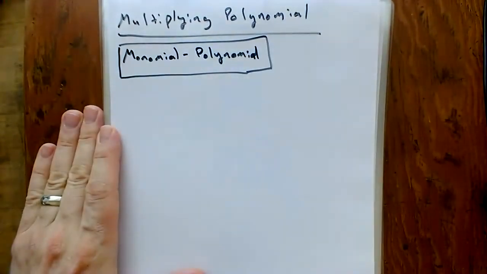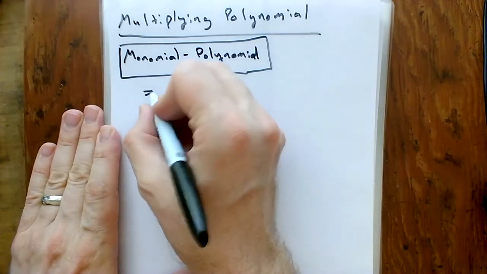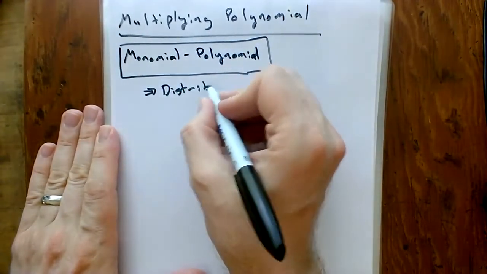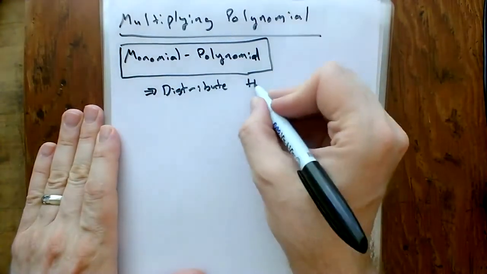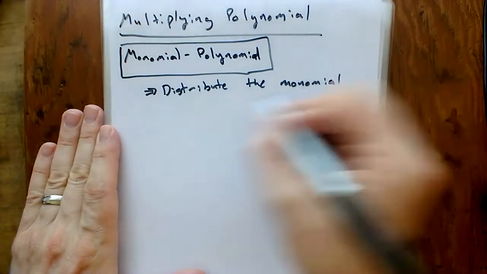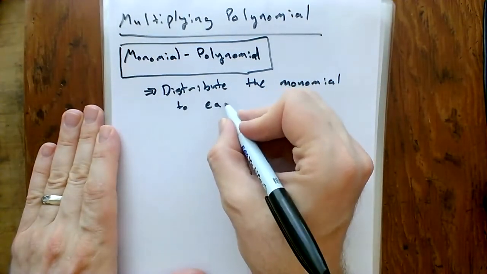multiplication. And with this, all that we're really going to be doing is we're distributing the monomial to each term in the polynomial.